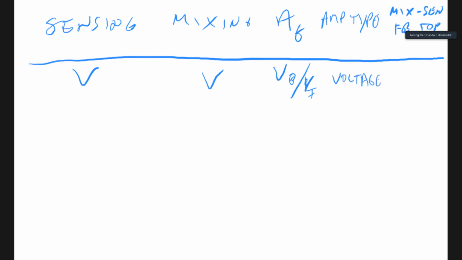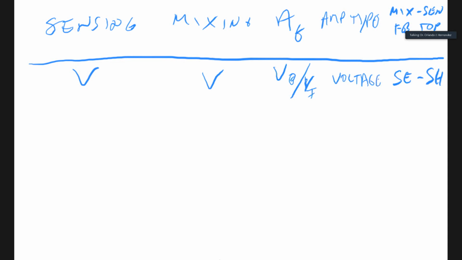So we have series, shunt. So I'm going to use SE for series and SH for shunt on the sampling.